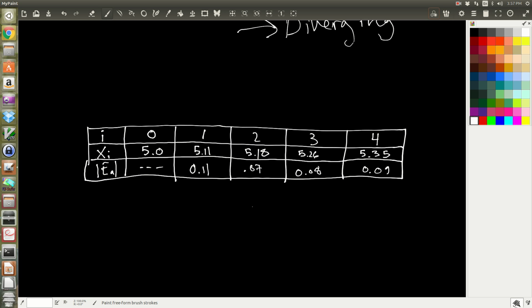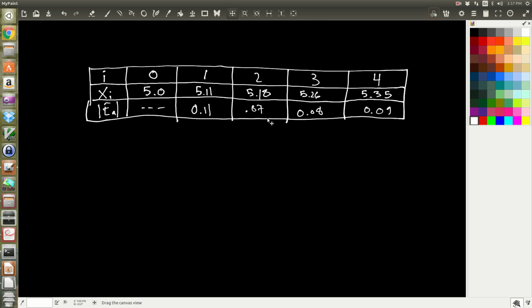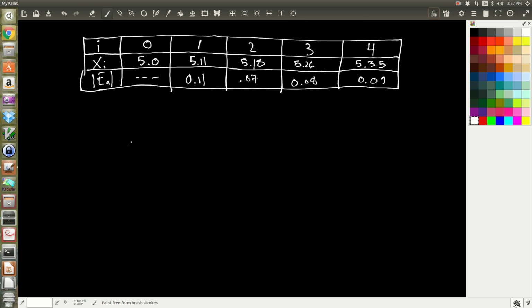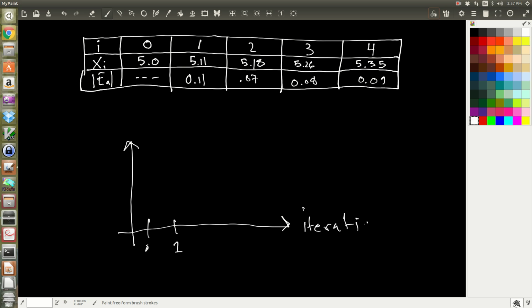I would say that the overall trend is that it's going up, because if I was to plot this error versus iterations, this is our initial guess, this is 0, this is iteration 1, and this is the absolute value of the error.